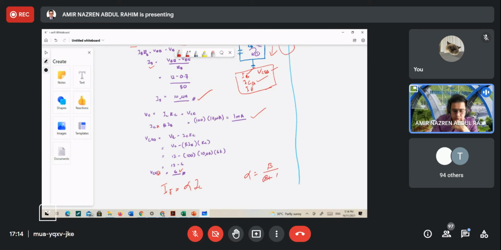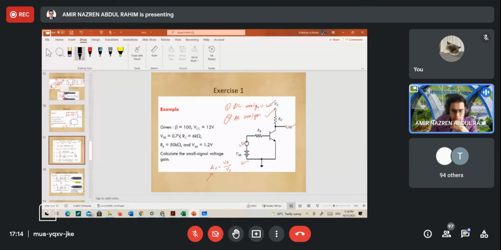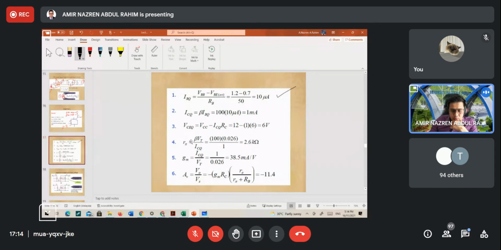You can still compute the IE, but inside this analysis, we do not require the IE. So we got IB, IC, and VCE. If you realize, all the notation must be in capital letters.